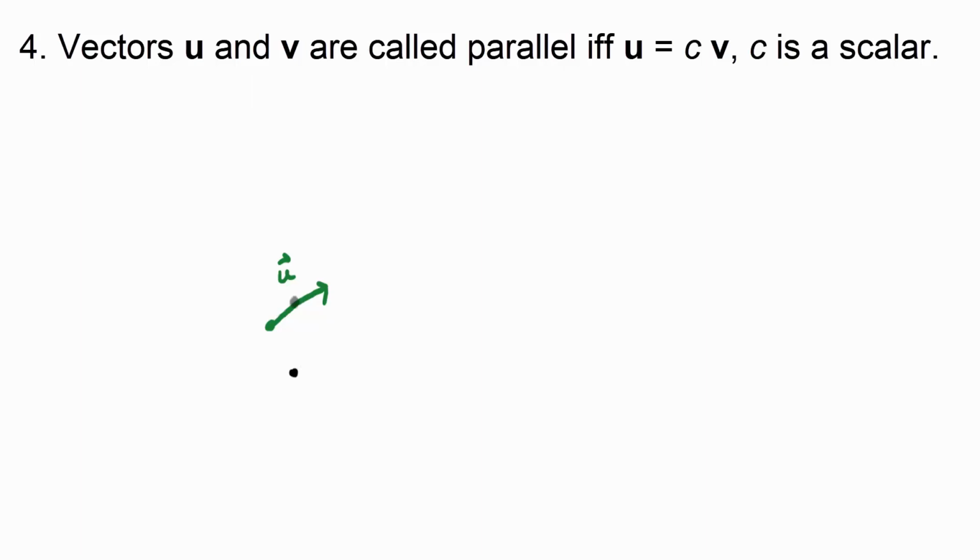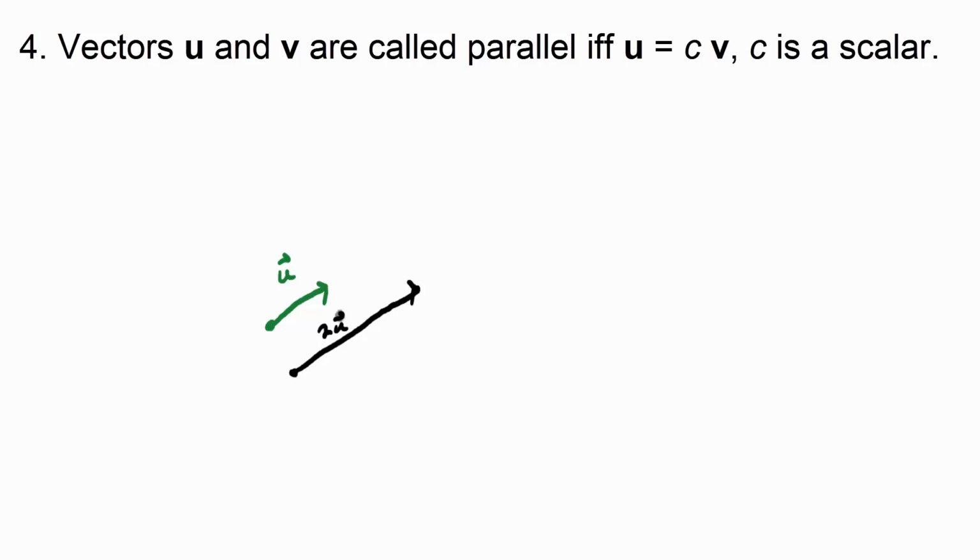It would point in the same direction, but it'd be twice as long, right? And if you draw them separately so that one doesn't lie on the other, if you put them at the same initial point, with the same tail, then 2u lies right on top of u, or vice versa. But if you separate them, which you're allowed to do with vectors, they look parallel.